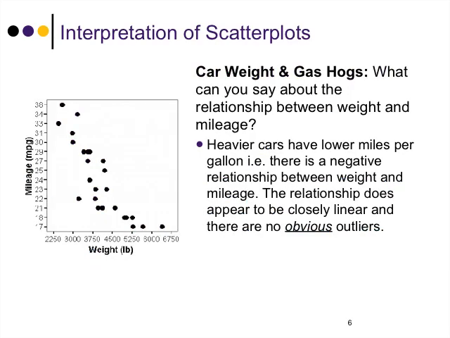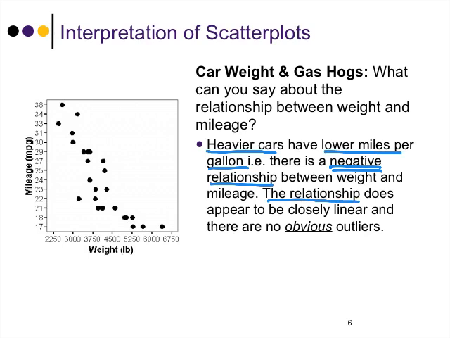All right. So here's a natural interpretation of the scatter plot. Even before we try and draw any kind of line, it seems not entirely surprising that heavier cars have lower miles per gallon. So there's our interpretation. In other words, there is a negative relationship between weight and mileage, right?